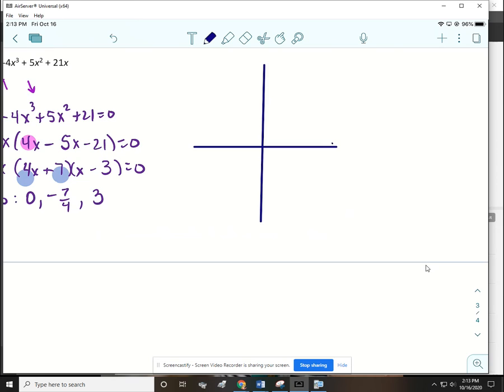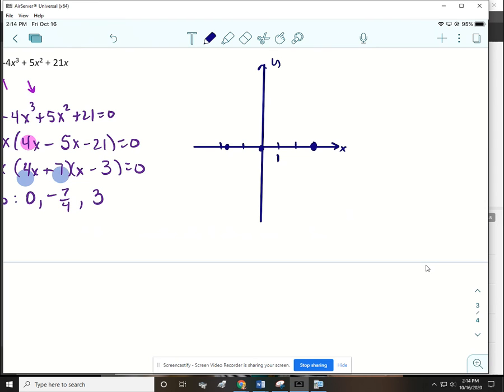Okay, so don't label the scale on your y-axis yet, but let's do the x-axis. I know I have a 0 of 0, and a 0 of 3, and I have a 0 of negative 7/4. So negative 7/4 is almost negative 2. That's just going by ones.